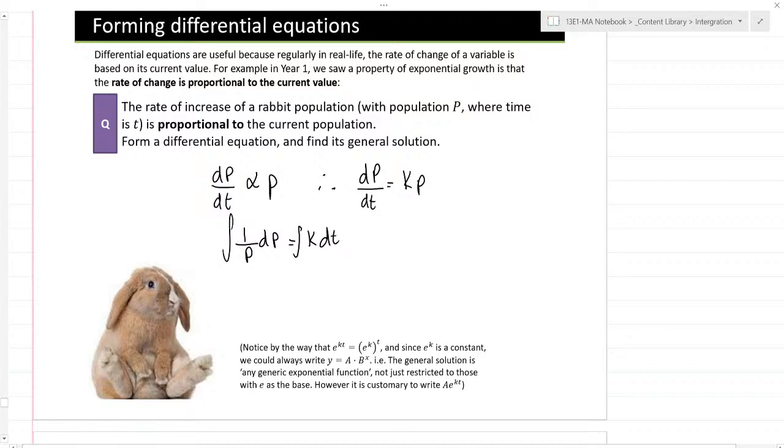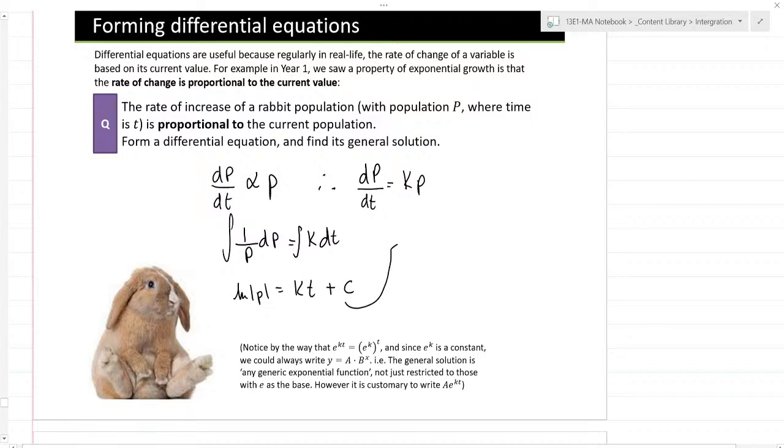So I end up with ln of p is equal to, what happens if I integrate k with respect to t? It's going to be kt, yeah? That k is a constant, so it's like saying 2. This is going to be equal to kt. Now, because both sides aren't in terms of ln, I'm just going to put plus c. Everybody all right with that?